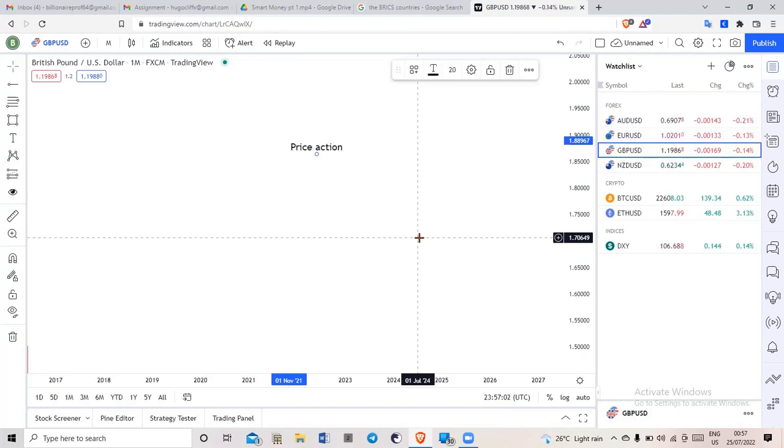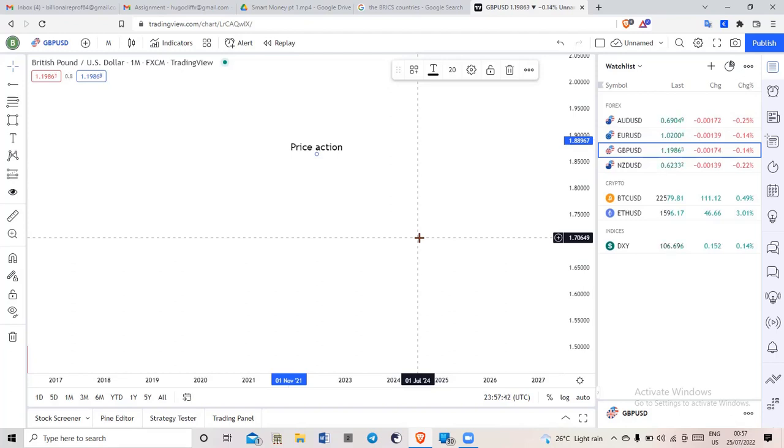For the sake of this class, what I'm going to be looking into is support and resistance, because as a trader you should understand that aspect pretty well. Support and resistance is very, very vital. Even though some persons say that when you try to use support and resistance, it doesn't work, I would say that even the smart money concept is based on support and resistance, because it's talking about supply and demand.